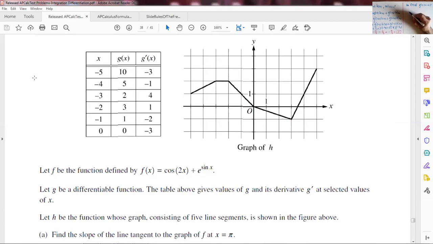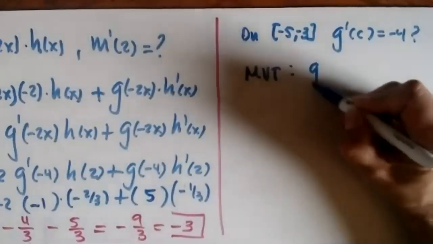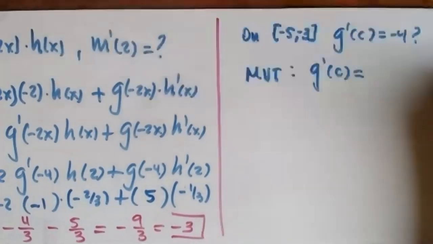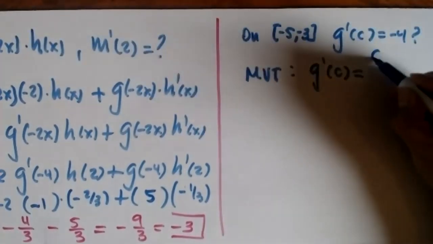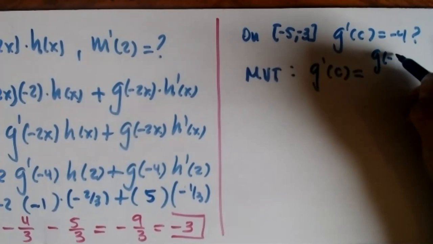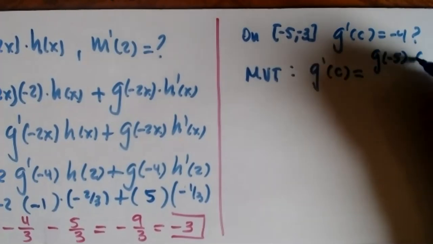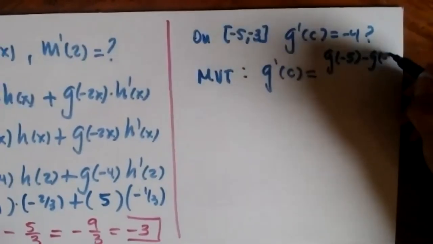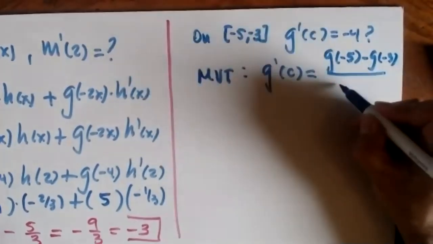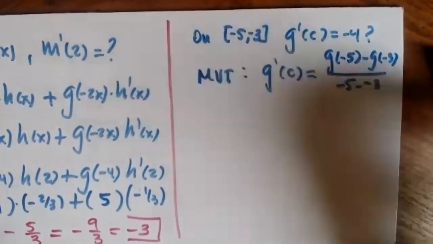Well, what we're going to do is the mean value theorem, the MVT. The MVT says that g prime of c can be, in this case, g of negative 5 minus g of negative 3 over negative 5 minus negative 3.